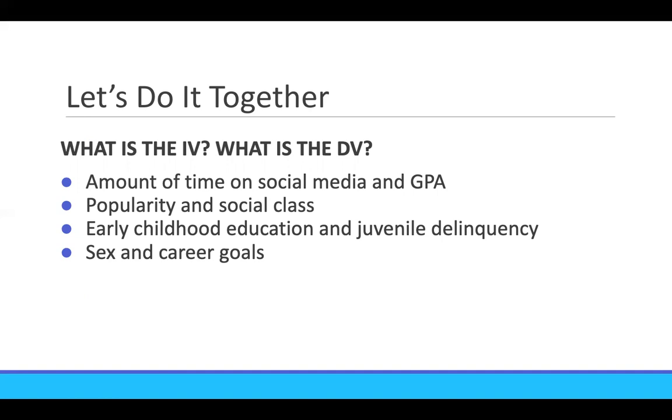But if what you're saying is that a person's GPA influences how much time they spend on social media, because maybe if they have a high GPA, they are prioritizing other things versus being on social media, now all of a sudden GPA becomes the independent variable and social media becomes the dependent variable. So you want to look at how you're wording your hypothesis.